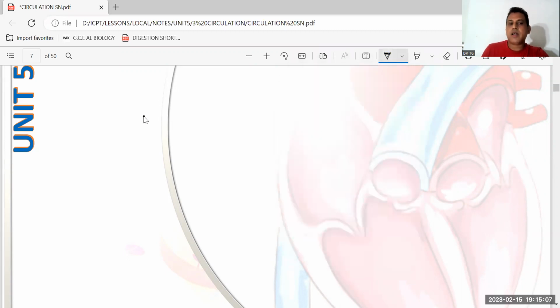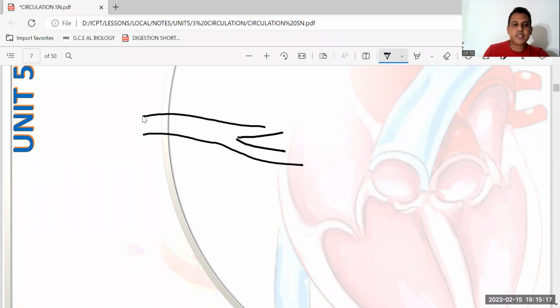Briefly, the heart muscle looks like this. So they are like this, and there's a branching. The heart muscle branches like this. This is a heart muscle, and this nucleus is here.